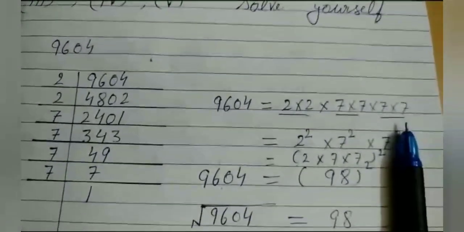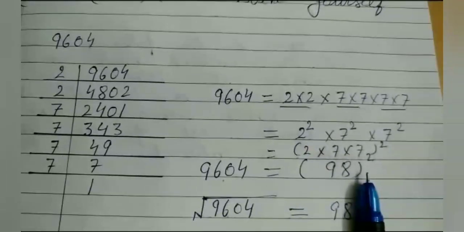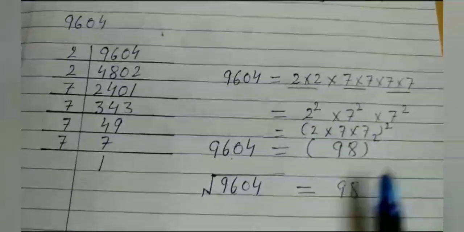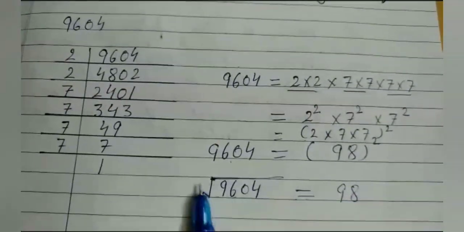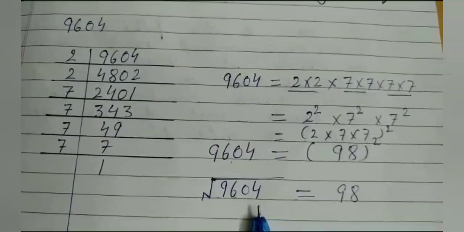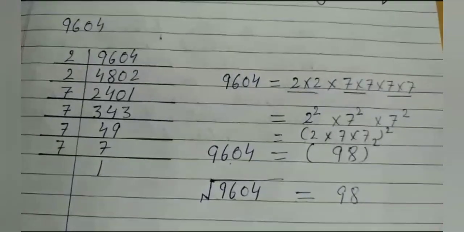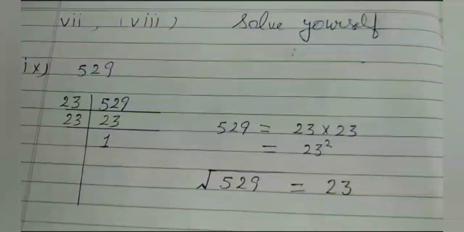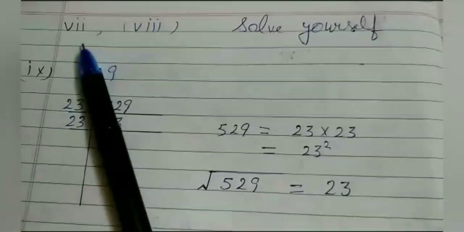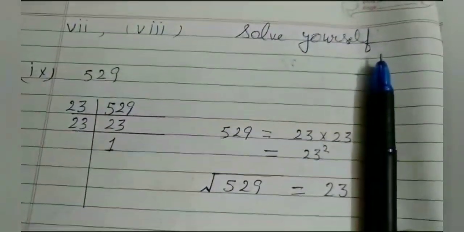And when we solve this, we get 98 square. In the last step, we write the square root of 9604 equals 98. Next part, 7th and 8th, you can solve yourself.